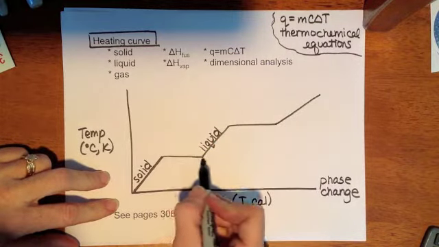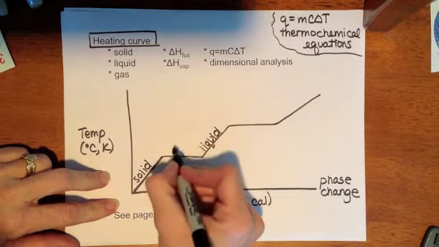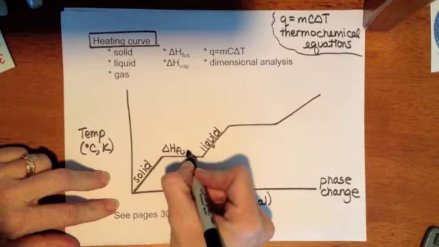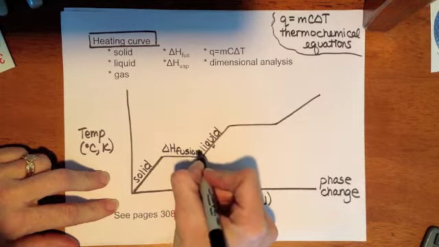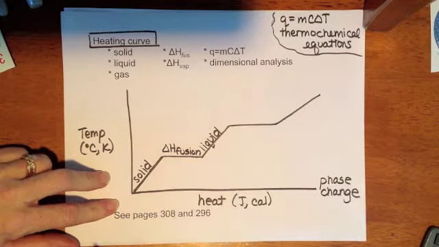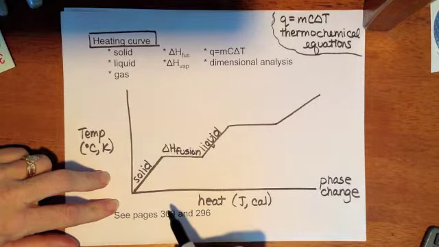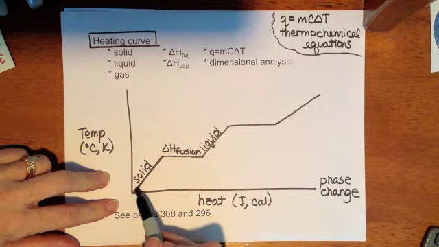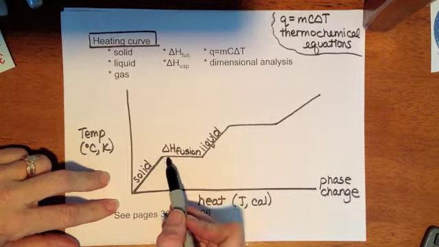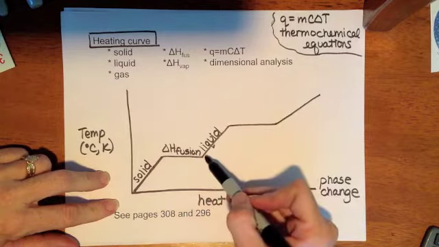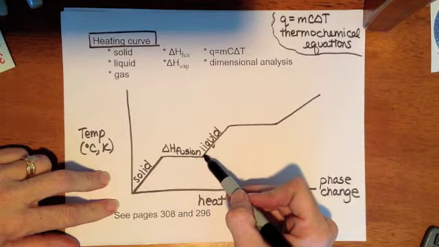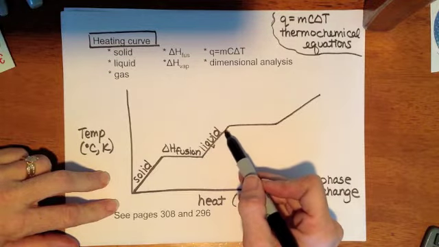And in the phase change, we want to look up the heat of fusion. How much heat does it take to melt? That's what the heat of fusion is telling me. Once you're past the liquid, so we add heat, the solid gets warmer, then the solid will melt, then the solid will turn into liquid, and the liquid, as you add heat, will go up in temperature.